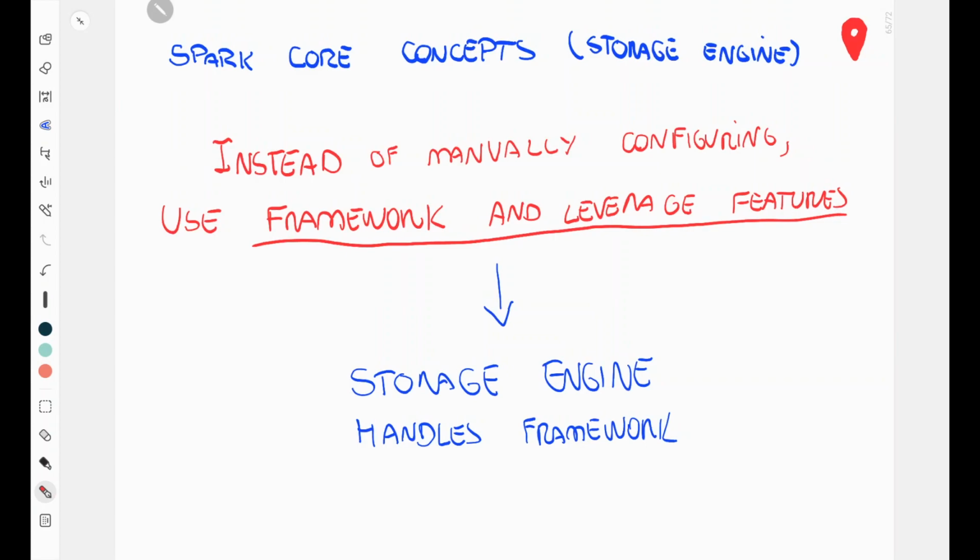I said this before, but we have a huge problem when it comes to data lakes handling data. Instead of handling it all by yourself, writing code for that, you can leverage Spark SQL as a storage engine and handle frameworks such as Iceberg and Delta Lake.